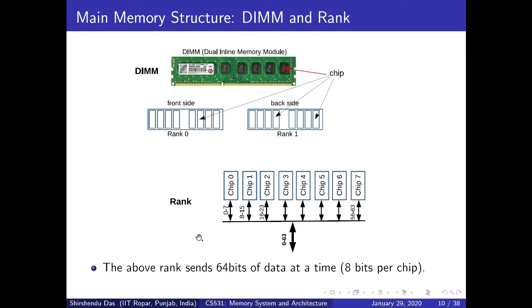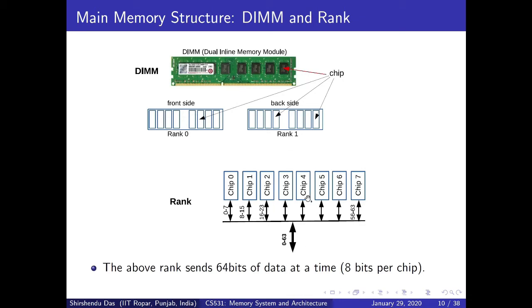Now the question is, why is each side of a DIMM called a rank? It is called a rank because, although there are multiple chips, if a command is given to this rank, all the chips will work simultaneously on the same command. All the chips in this rank will execute the same command simultaneously. That's why it is called a rank.